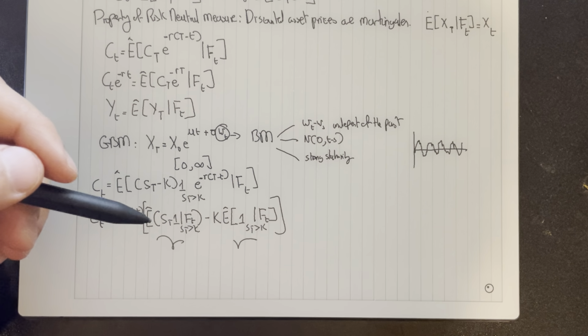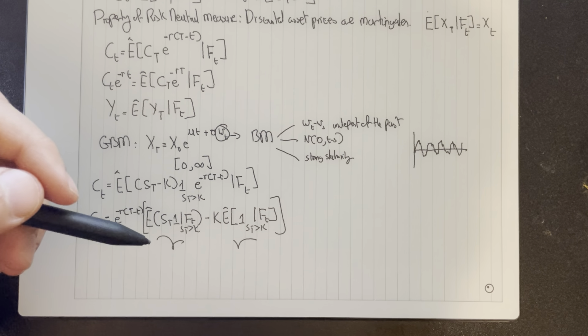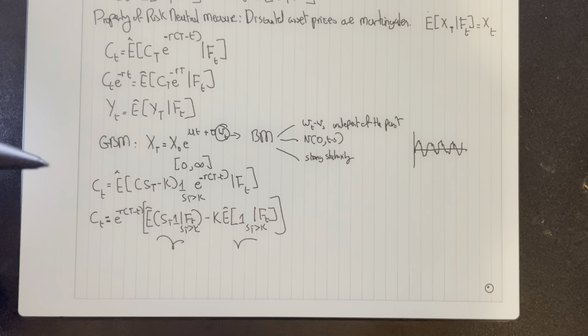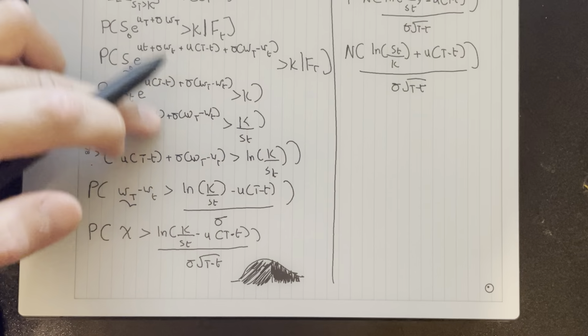Now, what we will be doing is figuring out the risk-neutral expectation of the stock, given that the stock at time capital T is greater than the strike price K, filtering on all the information we have up to time little t. So what we will be doing is just ignoring the fact right now that we are dealing with risk neutral expectation and just simply deal with normal expectations.